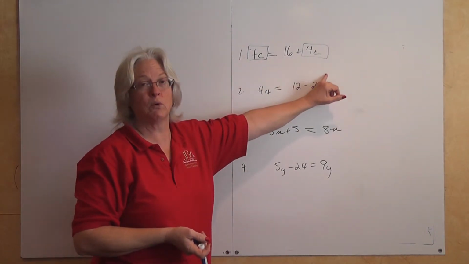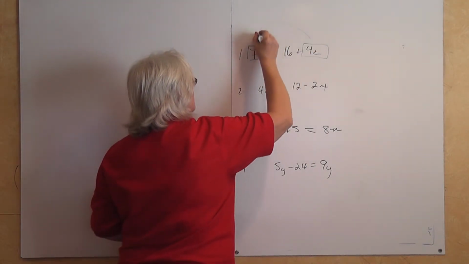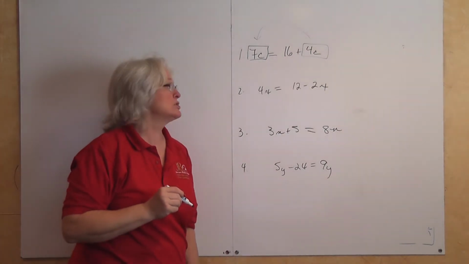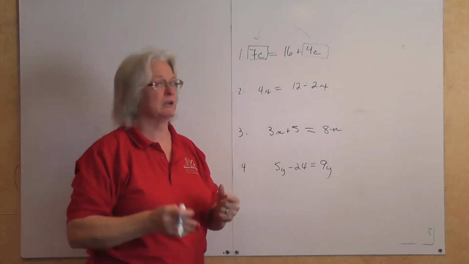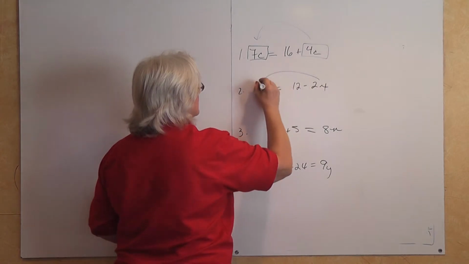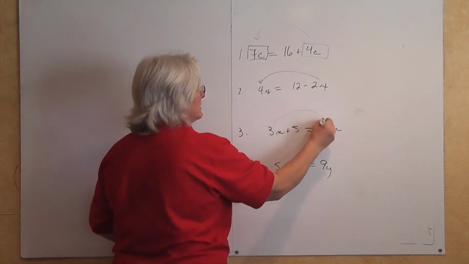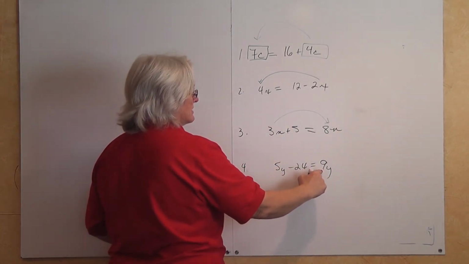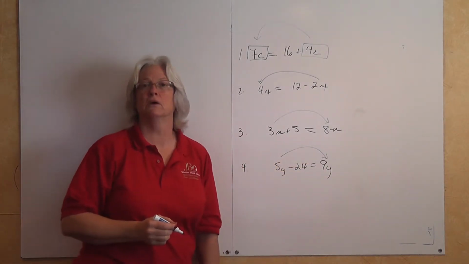7 is greater than 4. If you will isolate the variable on the side of the equation where its coefficient is larger, it will make your arithmetic just a little bit easier. 4 is greater than negative 2. 8 is greater than 3, so we're going to move this way. 5 is less than 9, which means 9 is greater, so we're going to move in this direction.